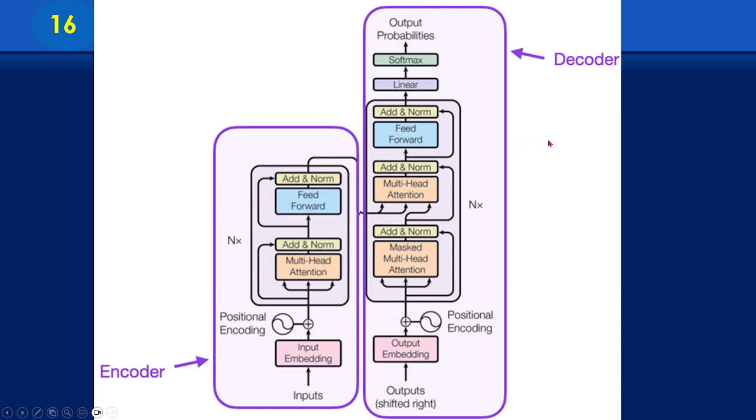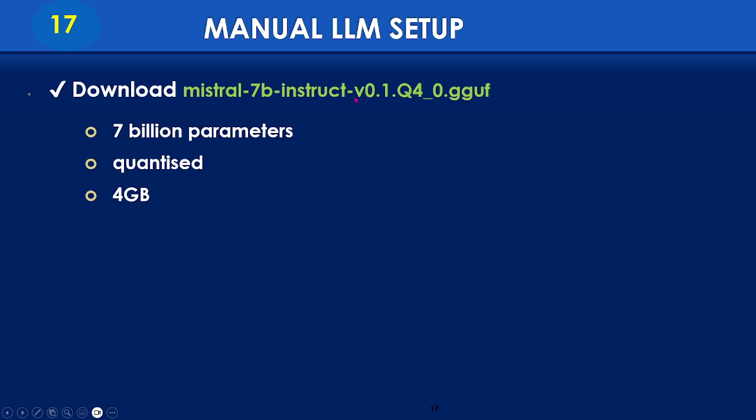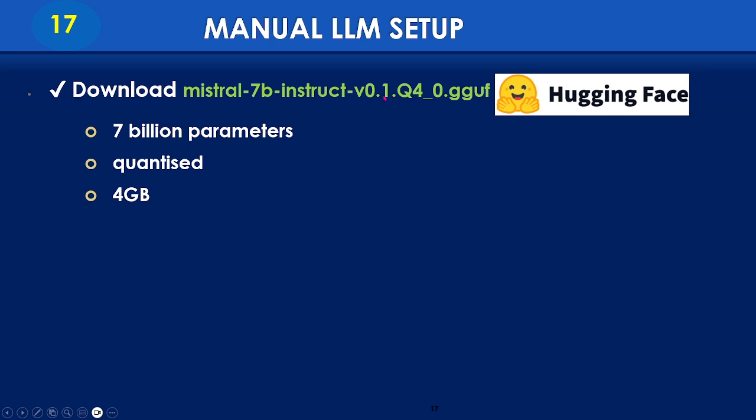I tried to simplify that, but we use transformers anyway. There was a part that I needed to do manually. I couldn't make it automated, so I downloaded this file thanks to Hugging Face. To know more about the details, it has 7 billion parameters. It is quantized, and after quantization it is only 4 gigabytes, which is still kind of big.